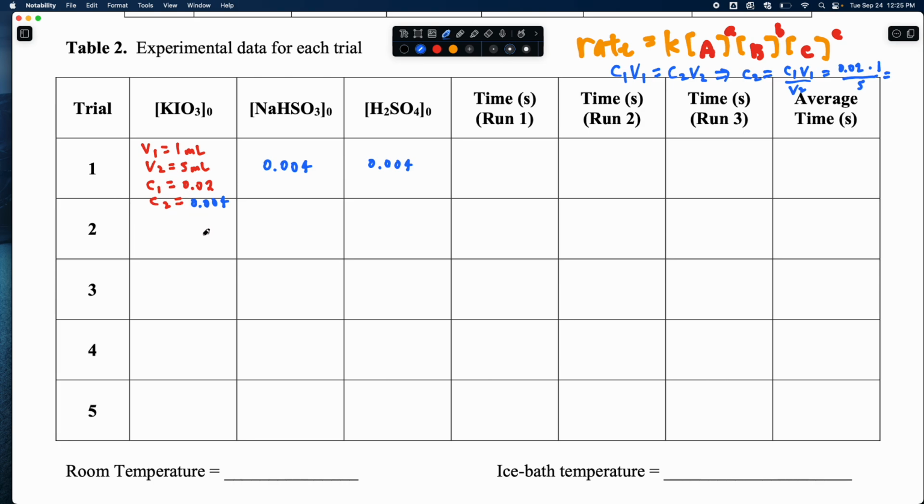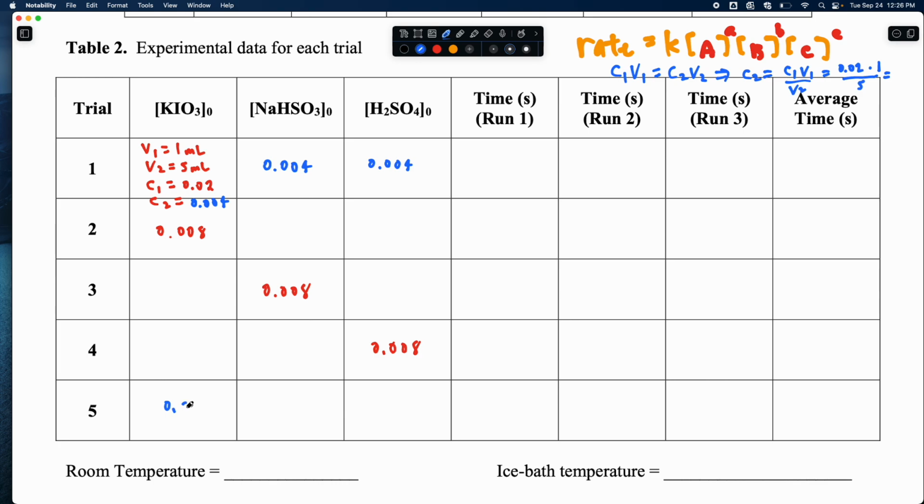And I think in trial 2, we actually doubled this amount. So it's going to be, let's do a different color, 0.008, because we put 2 mils of it. This one we did 2 mils of that one, 0.008. And in trial 4, we did 2 mils of that one, 0.008. And in trial 5, we actually had the same concentrations as we had in the beginning.